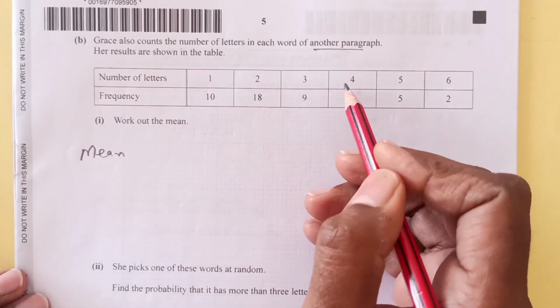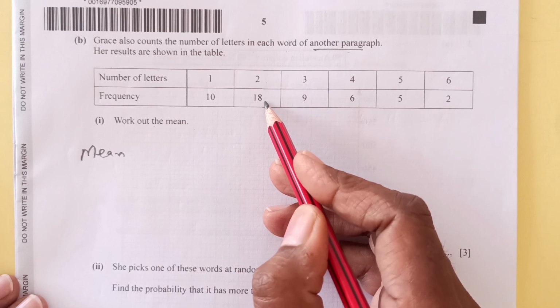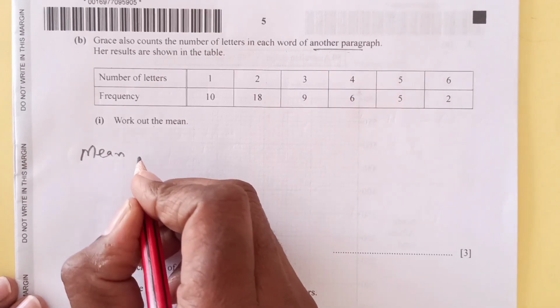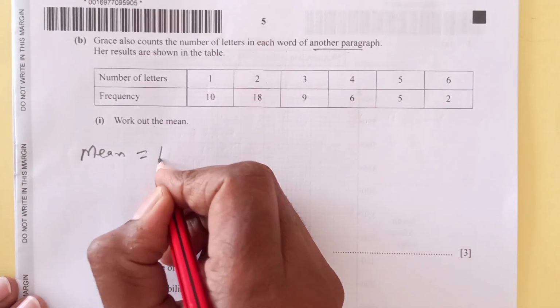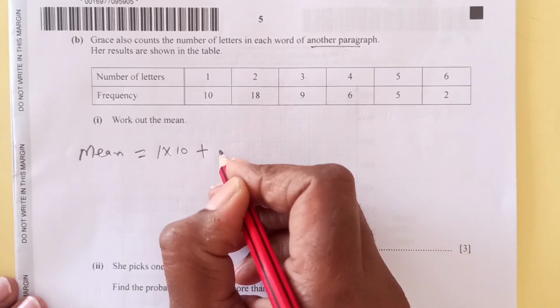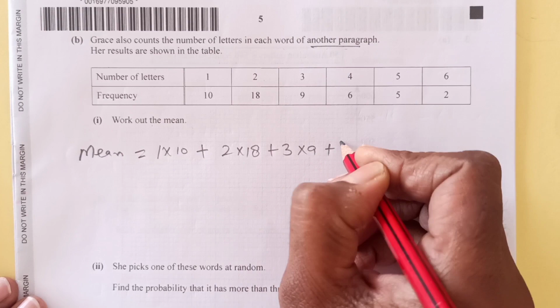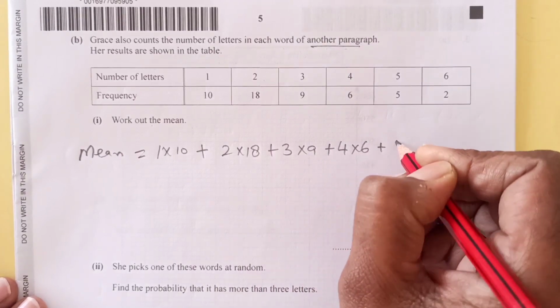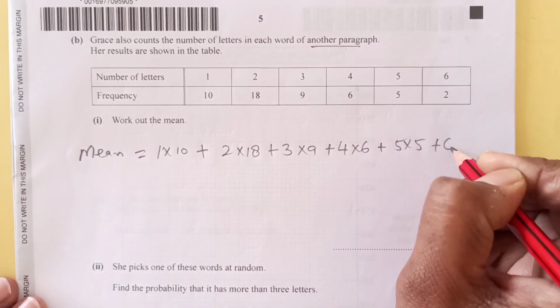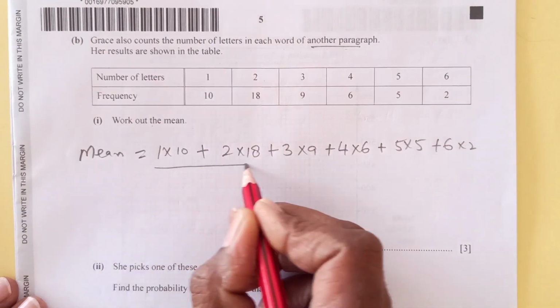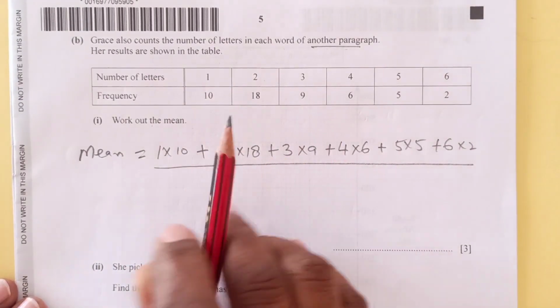Like 10 times. 2 is 18 times. So multiply these two. 1 times 10 plus 2 times 18 plus 3 times 9 plus 4 times 6 plus 5 times 5, 6 times 2 divided by, then we add all of them.